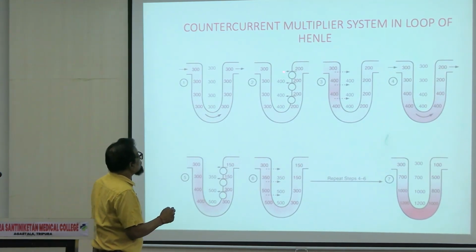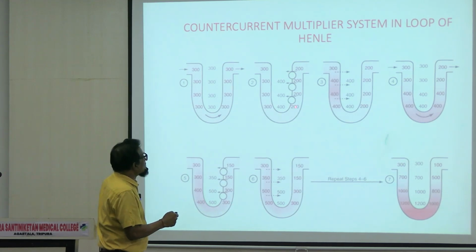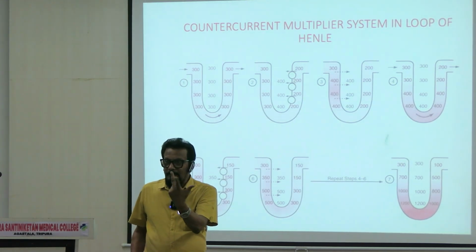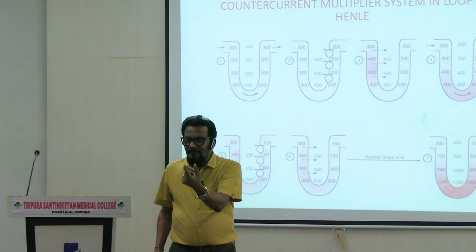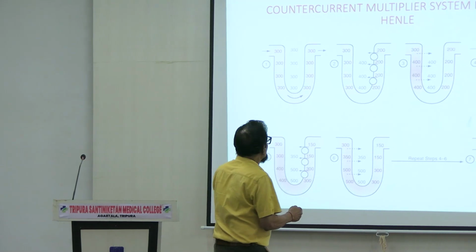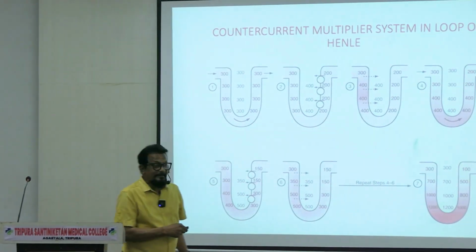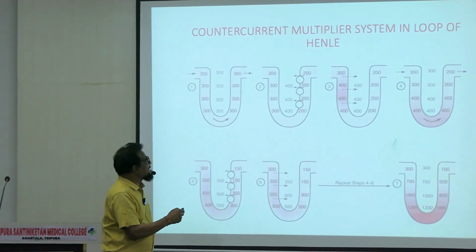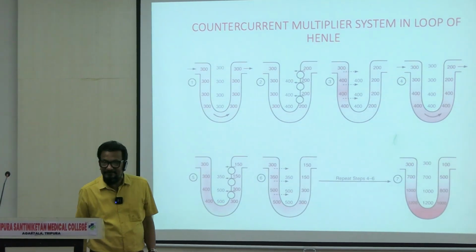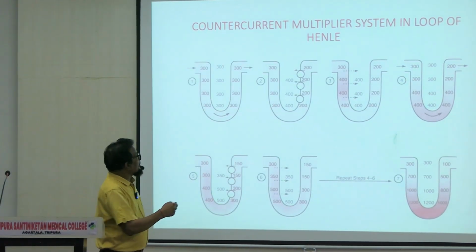So here it has come to 400 and it has reduced to 200 there, a difference of 200 milliosmol. This part is diluted and this part is concentrated. Why did it happen?